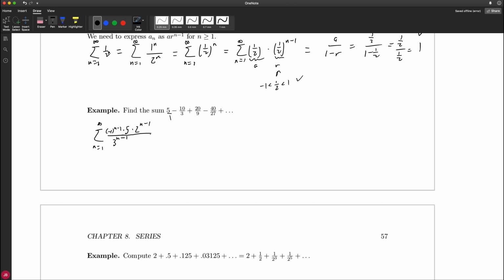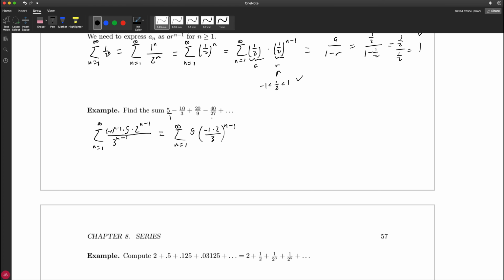And so if I rearrange this, I get sum n equals 1 to infinity. I get a 5 with nothing to do with n. But now everything else has a power n minus 1. So I can combine them into a single parentheses all to the n minus 1 power.